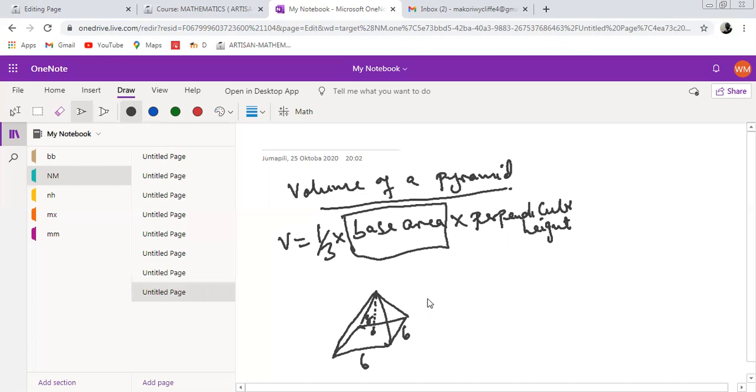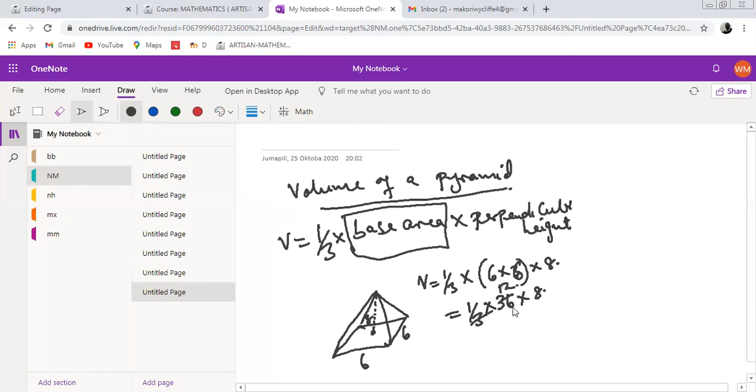So what are we going to do? The volume will be given by a third times the area of the base, which is 6 by 6, times the perpendicular height, which is 8. So this is going to be a third times 36 times 8. The 3 goes into 36 12 times.